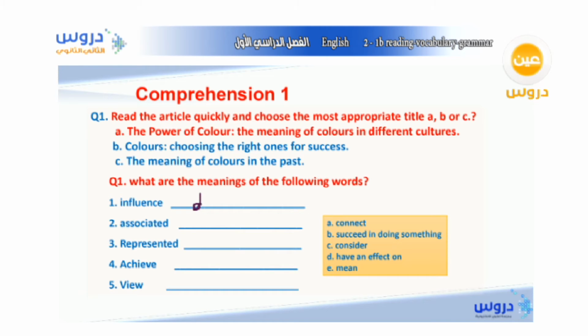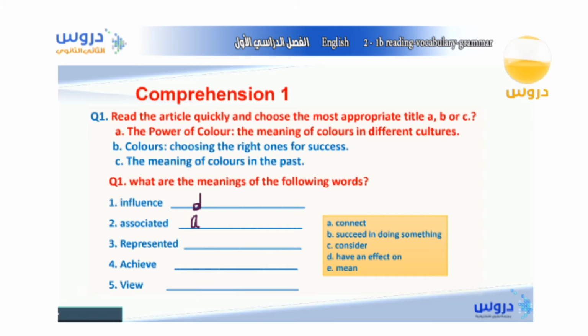Okay, so this is D. To influence is to have an effect on. Associated with something, so what is it? It's to connect something. Associated with something, it is connected to something. So it's A for the second one.